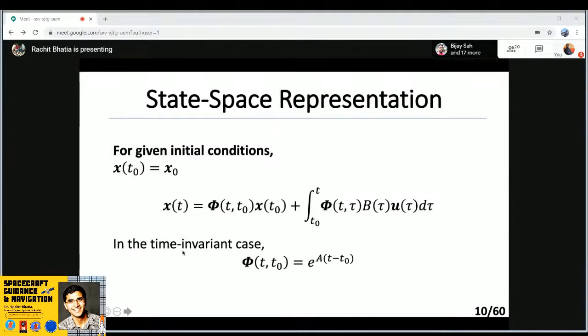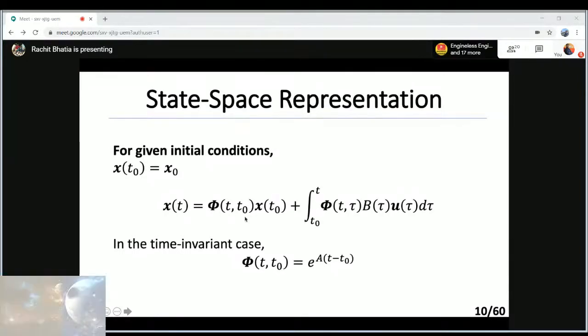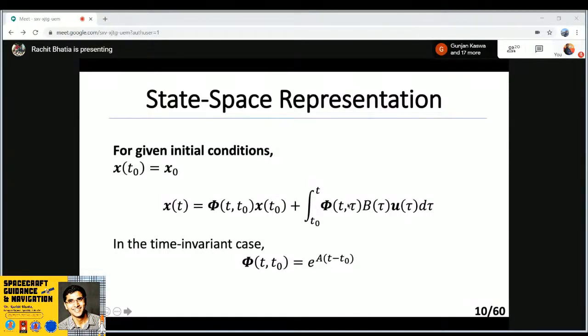And in the time invariant case, you can write, so this is the state transition matrix. This is the state at time t, and then we get the state transition matrix, and this is the initial state, and then this is the other term. So say if the input is 0, then we only need the state transition matrix.